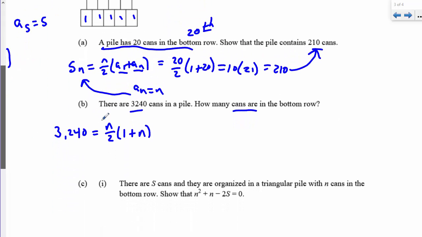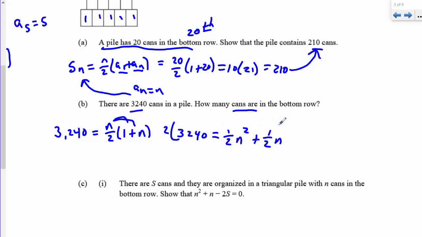So I'm going to distribute this in here, and what I'm going to end up getting is 3,240 is equal to 1/2 n squared plus 1/2 n. That's what happens when I distribute this n over 2 into here. And I don't like these fractions, so I want to get rid of them by multiplying this entire equation by 2. That'll get rid of these little halves that are in front of me on this equation.